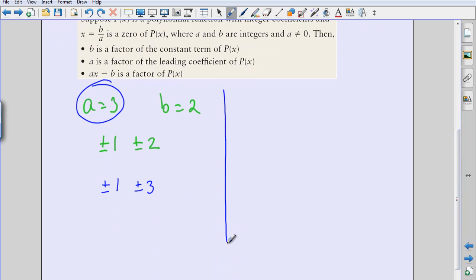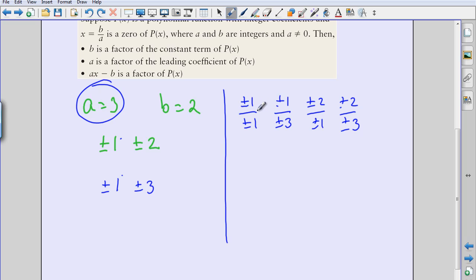So here's a list of all of the possible factors: plus or minus 1 over plus or minus 1, that's this one over this one. Then plus or minus 1 over plus or minus 3. And then plus or minus 2 over plus or minus 1 and plus or minus 2 over plus or minus 3.